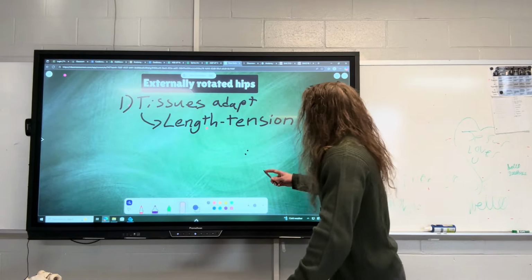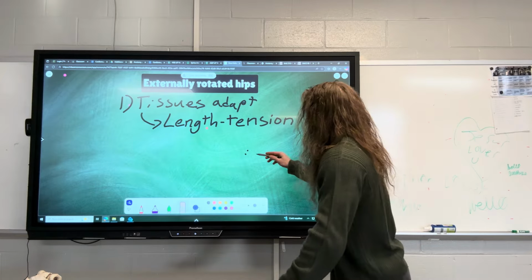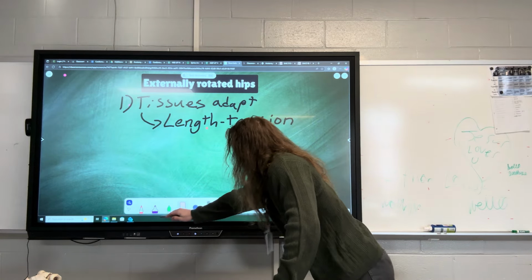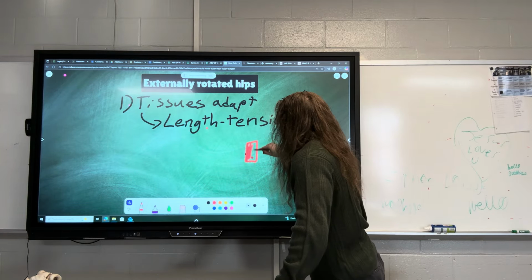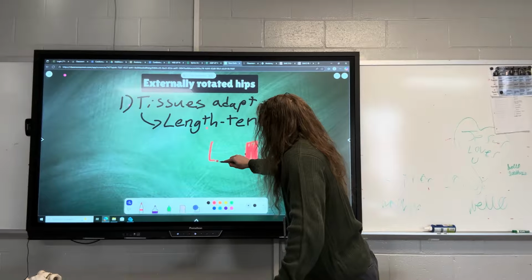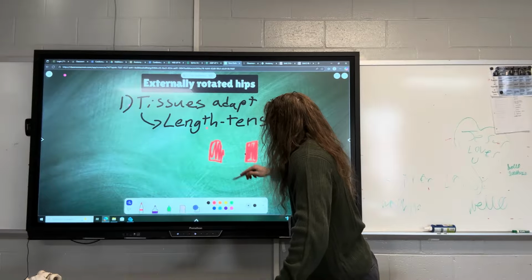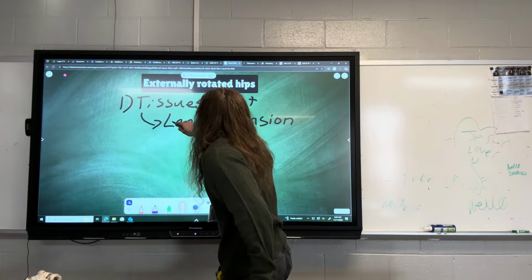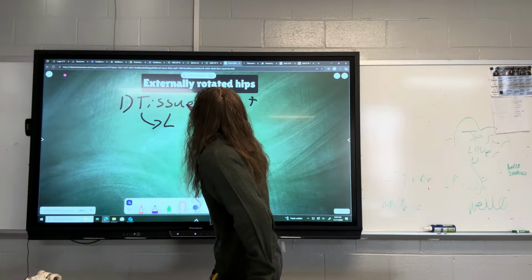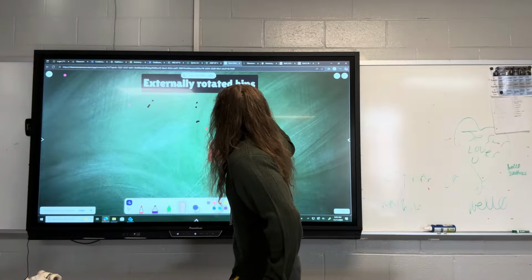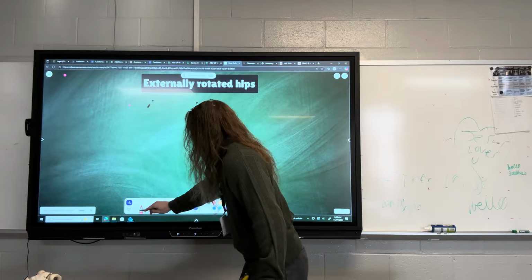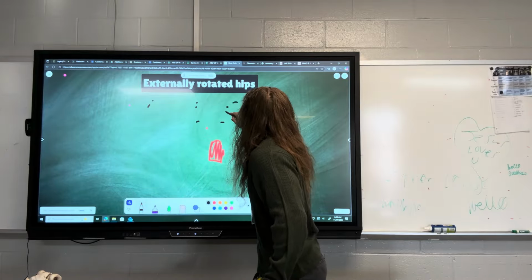When you set up on the adductor machine, this is a front view right here. Bear with my drawing. Let's see, I'll use red. This is the pad of the machine, and this is the other pad of the machine. I'm going to erase this just so I have more space to draw. And then right here, this is me.